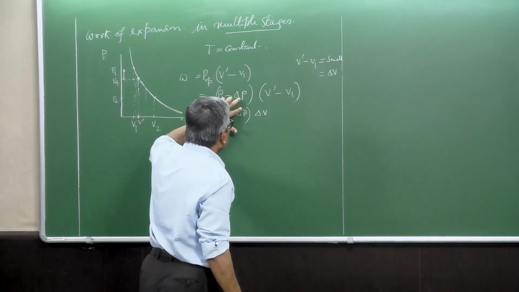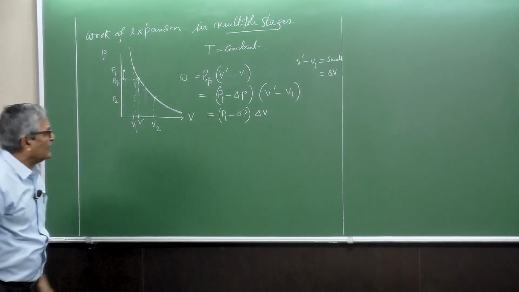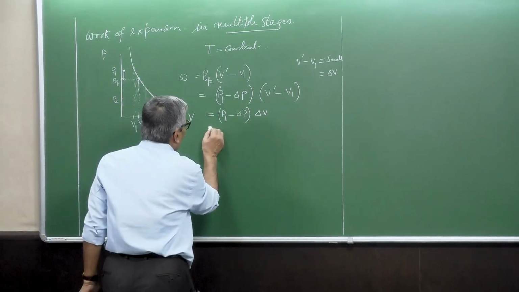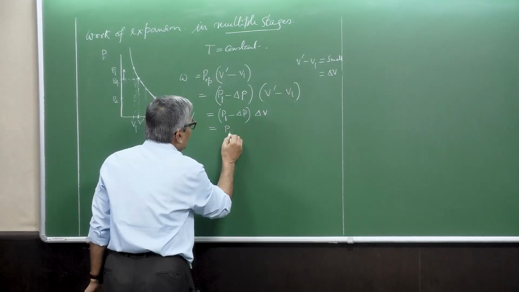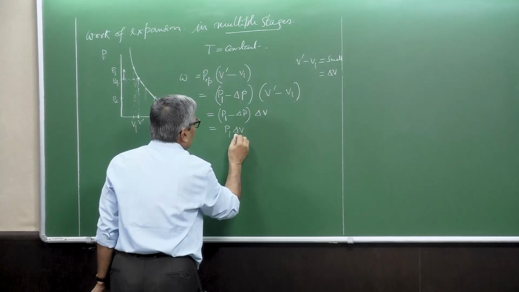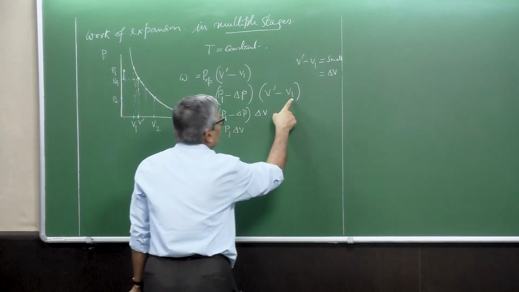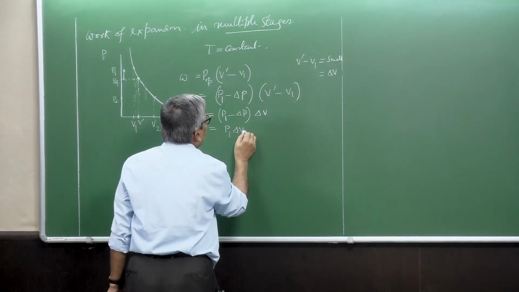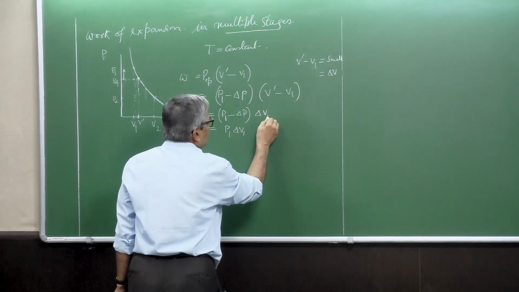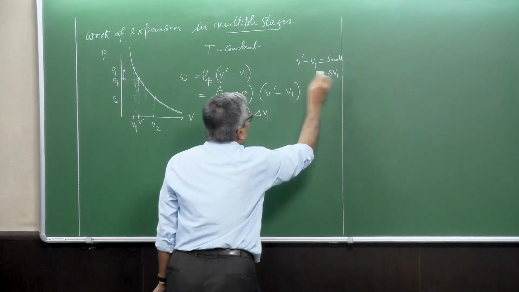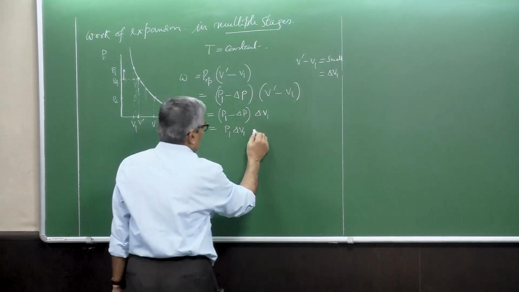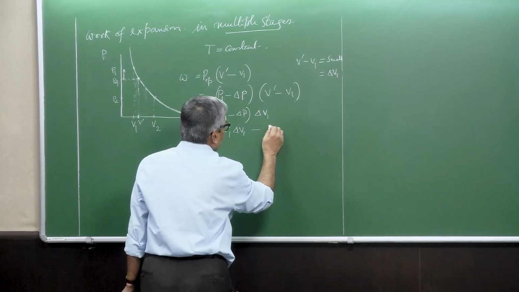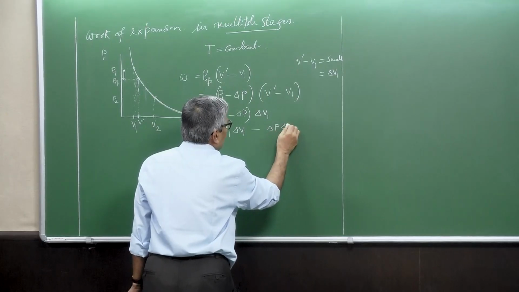So P1 minus delta P times delta V. Now there are two terms that you can see: P1 delta V and delta P delta V. Since I started from V1, I write it as delta V1 for the sake of simplicity. It is delta P times delta V1.